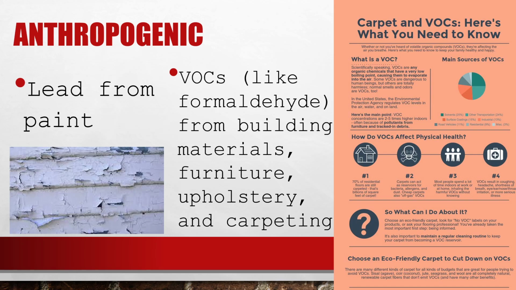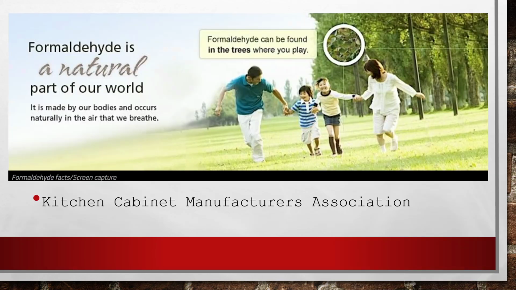Remember, formaldehyde is not only found in the preservation of dead bodies, but also in many different building materials. So carpeting is actually one of the big sources of VOCs.